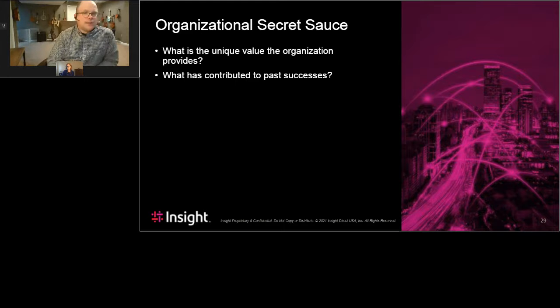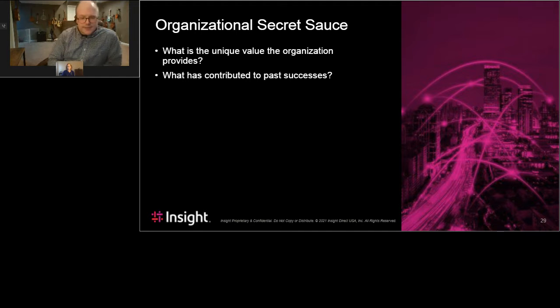What's the unique value that the organization provides, and what's contributed to past successes? If we got to this point as an organization, we probably did at least something right. We're probably providing some sort of unique value, or at least a good value in relation to our competitors if we have them.